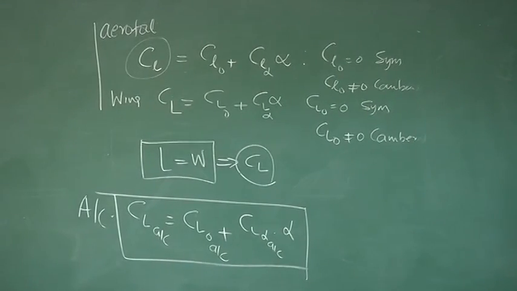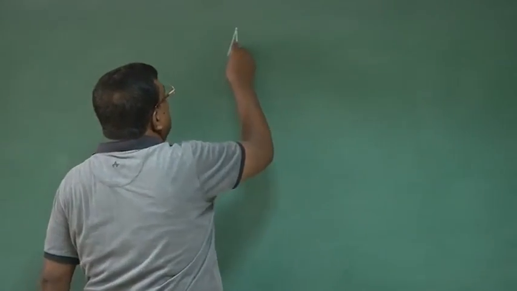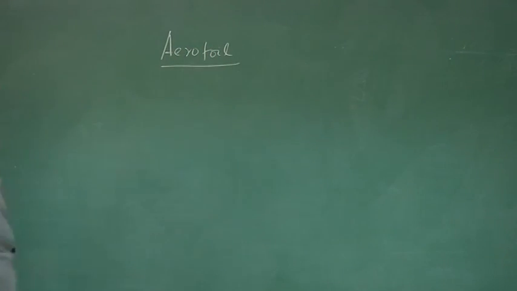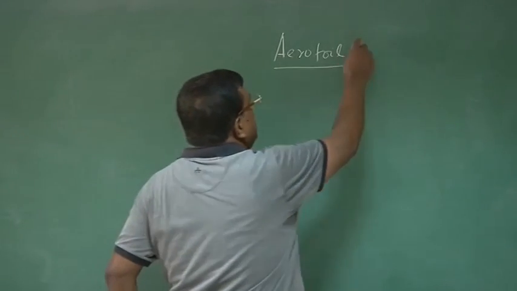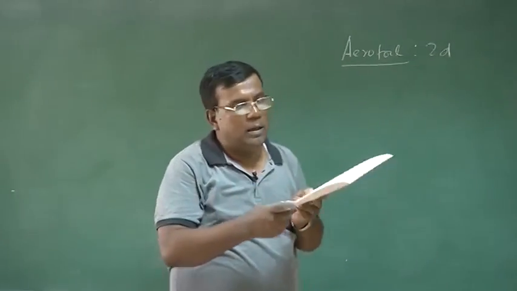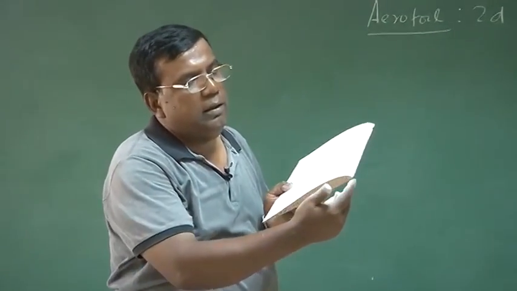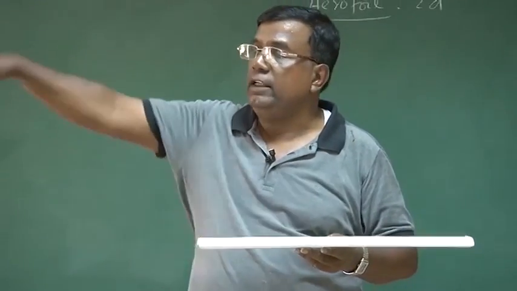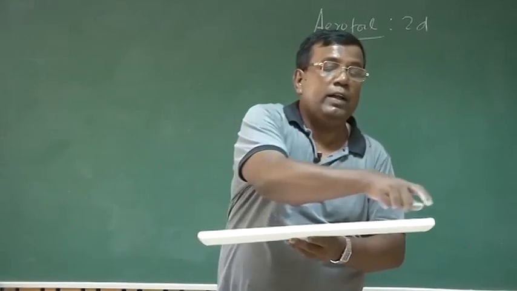Let us see that. When I am talking about aerofoil, imagine aerofoil is basically a 2D concept, right? You have seen an aerofoil shape, and imagine this having infinite span, that is infinite here, infinite there.